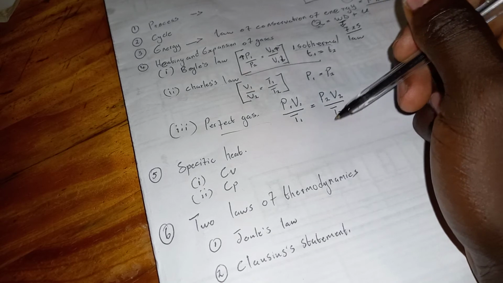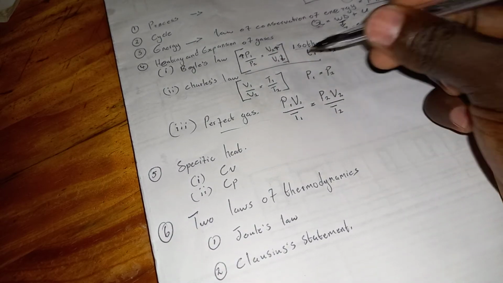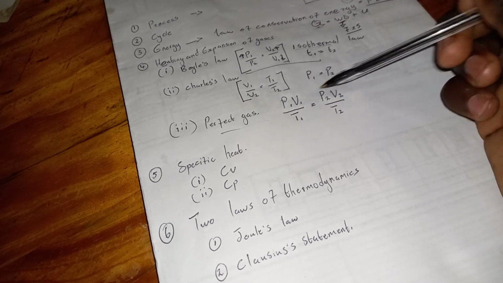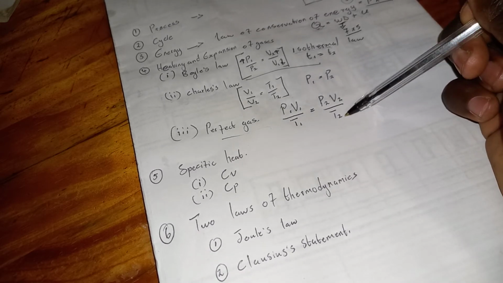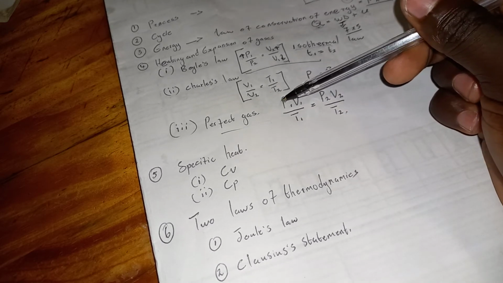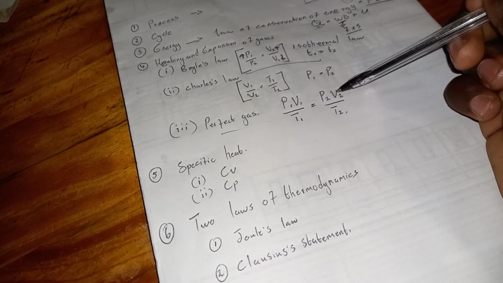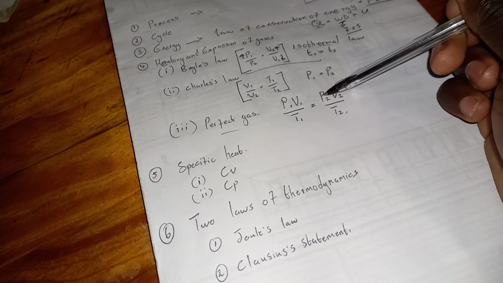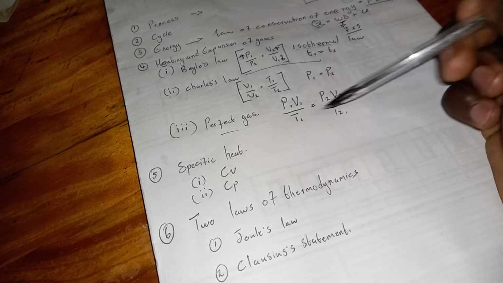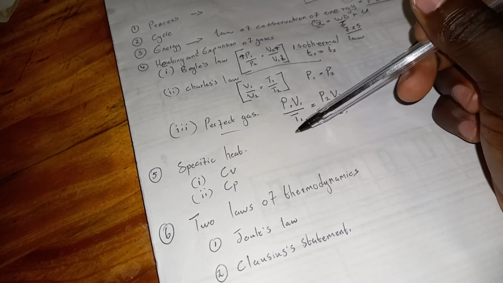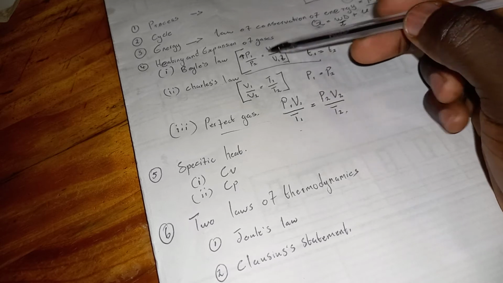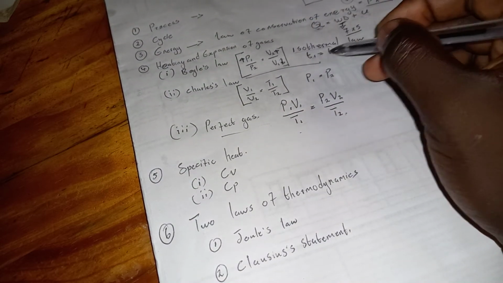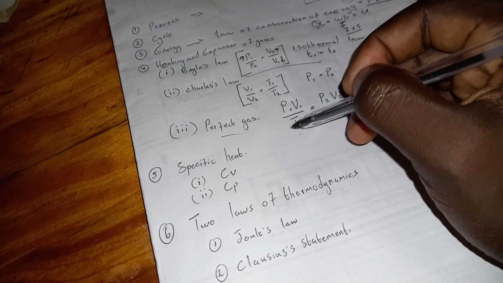We call it a perfect gas because nothing is constant in this case. The pressure applied in number one is not the same as the pressure applied in number two, and the temperatures are also not the same. But if we're talking about Boyle's law, that means the temperatures are the same, that's why we cancel them here.